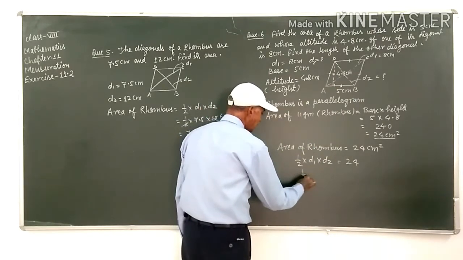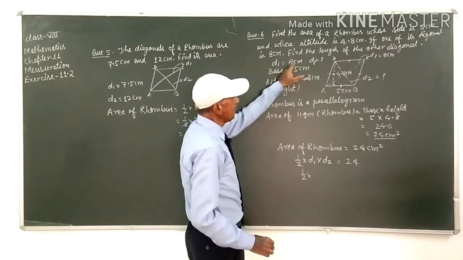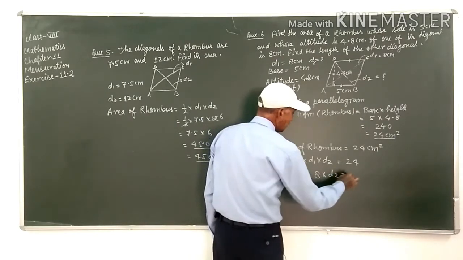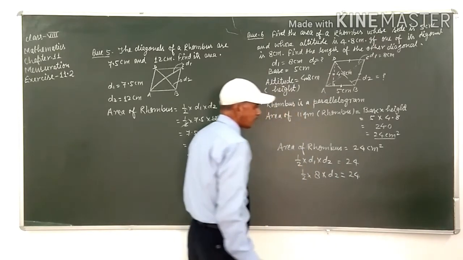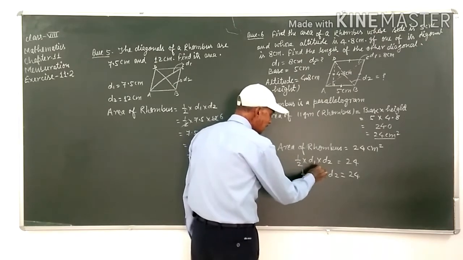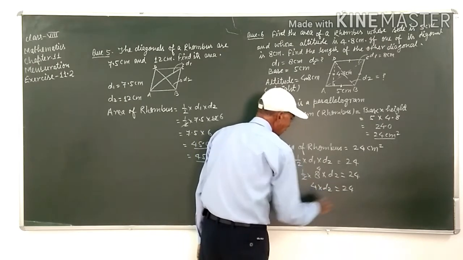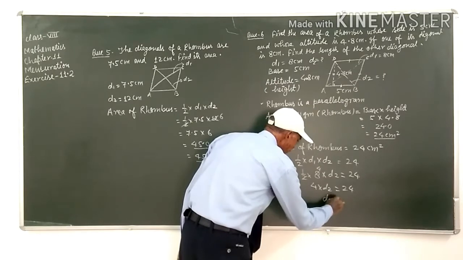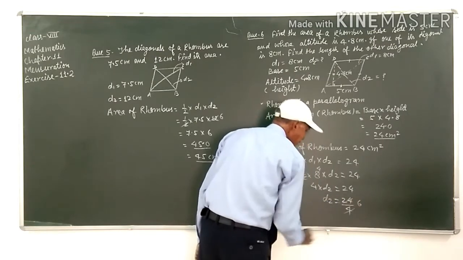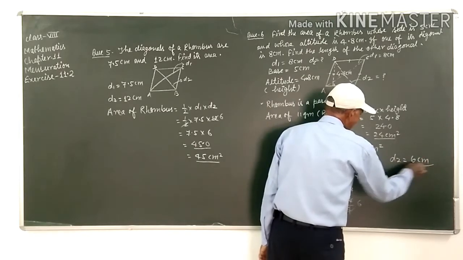Now 1 by 2 into 8 into D2 is equal to 24. This 8 divided by 2 is 4. So 4 into D2 is equal to 24. Now D2 is equal to 24 by 4, that is 6. So D2, diagonal 2, is equal to 6 centimeter.